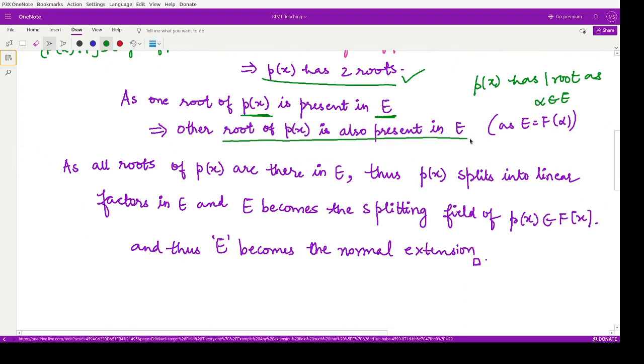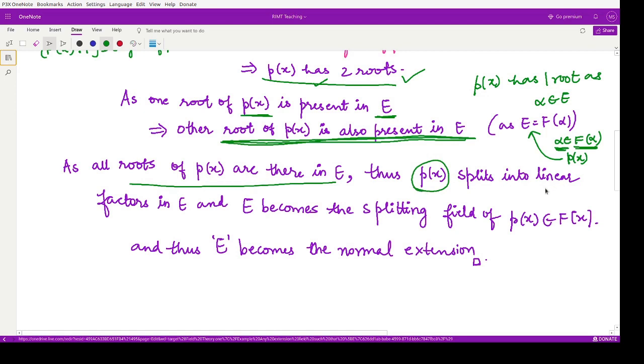So the other root of p(x) must also be present in E, because E is nothing but F(alpha), and because alpha is present in F(alpha), all the linear combinations of alpha are also present in F(alpha). So the other root of this polynomial is also present in E. Now it has two roots and all of them are present in E, so we say that the given polynomial p(x) splits into linear factors in E. And if the polynomial splits into linear factors in E, that means E becomes the splitting field of the polynomial p(x) belonging to F[x].